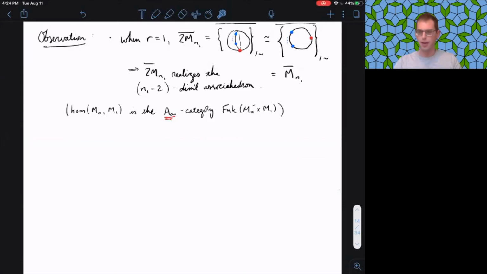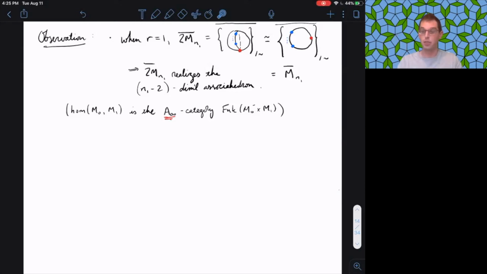But before I do that, I want to note that there are a couple of specializations under which the 2 associahedra specialize to some families that we know and love. So the first one is when R is equal to 1, when there's only one circle. In that case, we just have spheres with a single circle with one distinguished mark point. That's the same thing as disks with a bunch of boundary mark points, one of them distinguished.